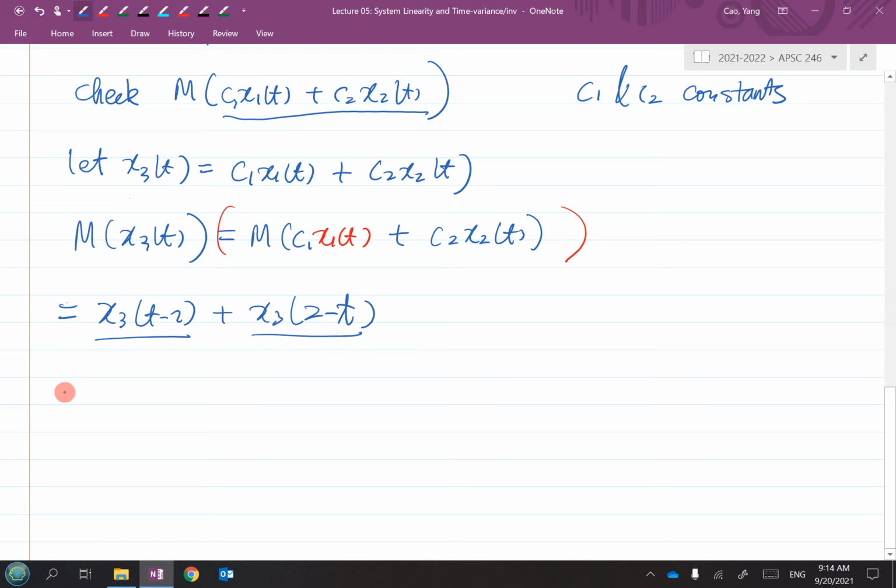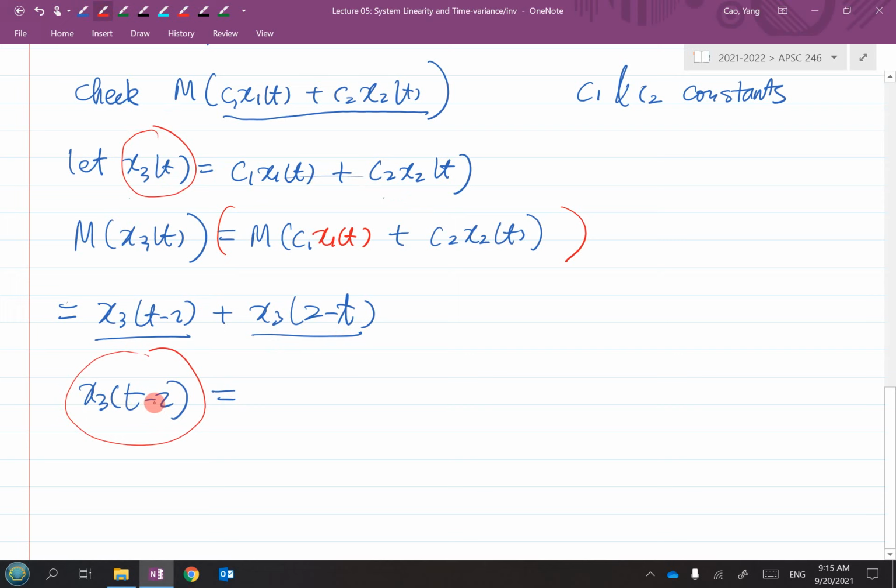What is x3 of t minus 2? Here's my original definition of x3 of t, right here. So what's the difference now? This is your x3 of t, and this is x3 of t minus 2.